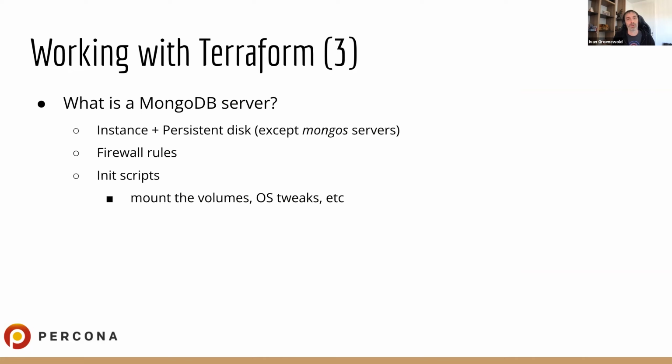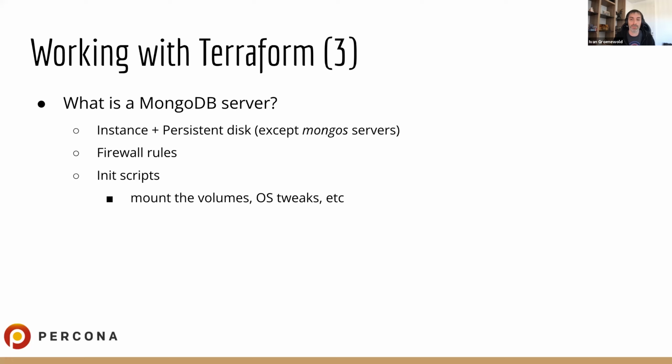So going back to our goal of creating our infrastructure for MongoDB, we need to think about what we need in terms of Terraform resources, okay? A MongoDB server is basically an instance plus a persistent disk, except for the MongoS routers, where we do not need any persistence.